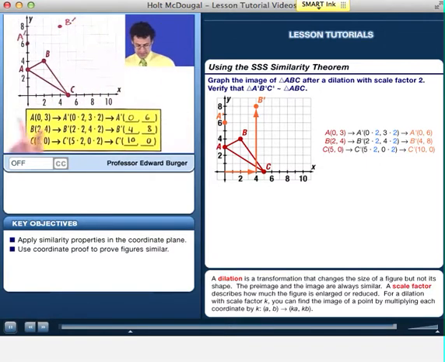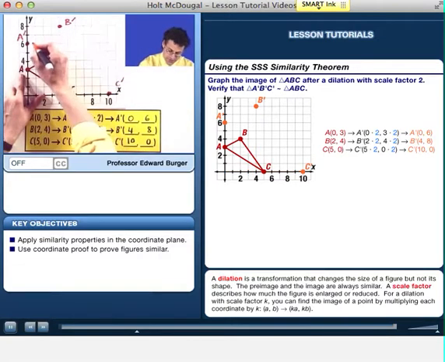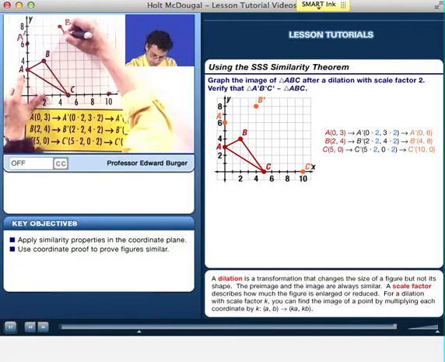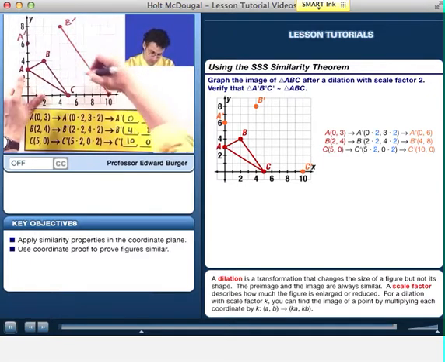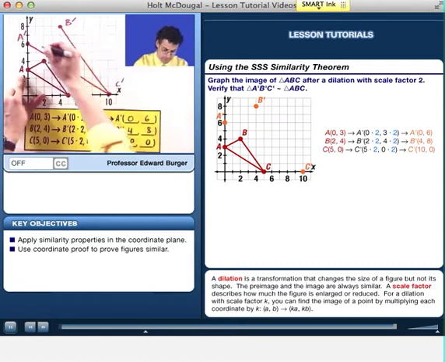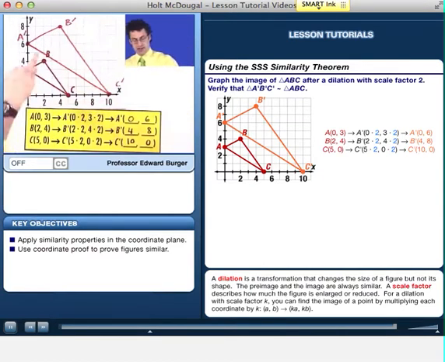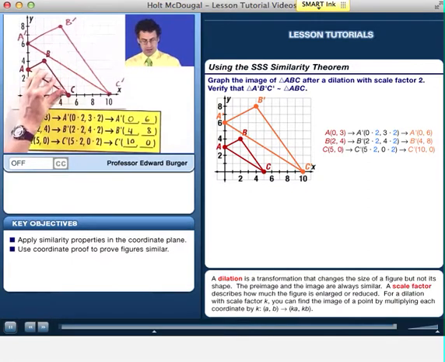And then C prime is (10, 0). If we connect them with a straight edge, what we see is a very large triangle, and that is the image of this red triangle after a dilation by a scale factor of 2.